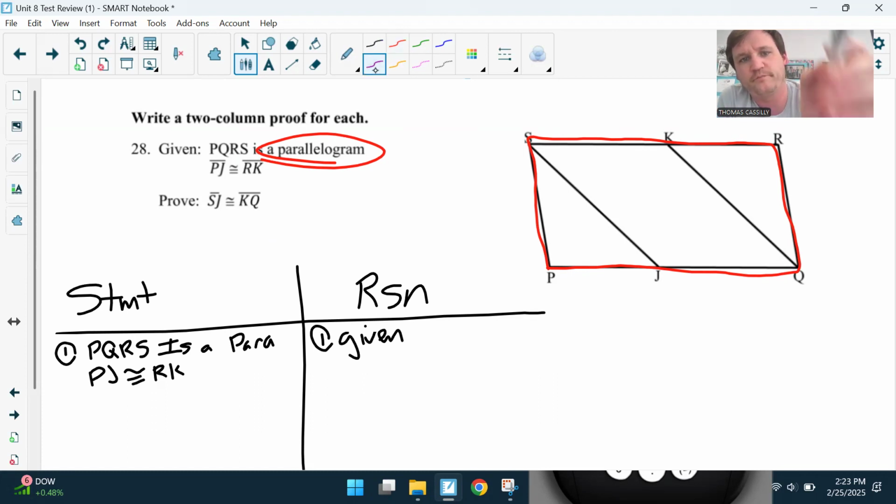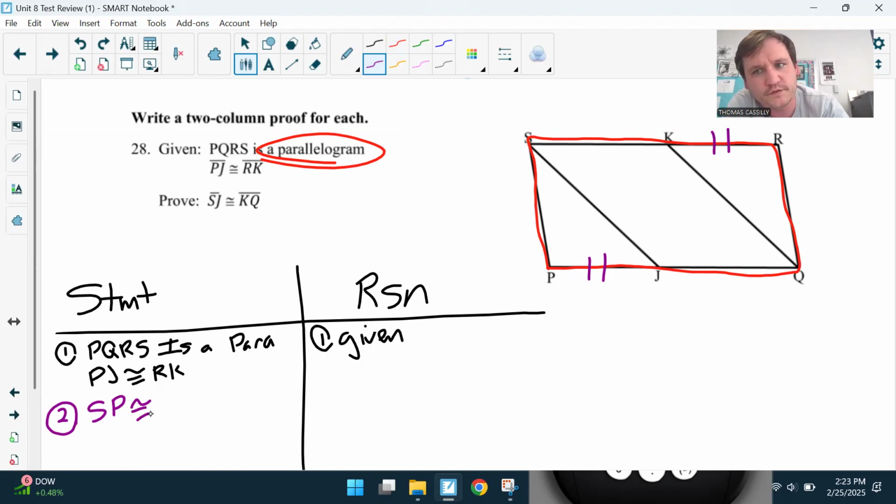Well, let's look at this one. Those two are congruent, so that's kind of nice. Here's what I'm going to say. Step 2. I know that SP is congruent to RQ. And how do I know that? Because opposite sides are congruent in a parallelogram. I'm going to do a lot of abbreviating here.